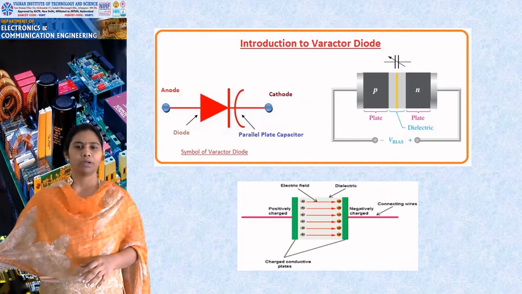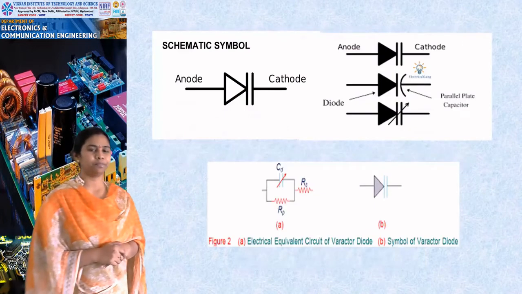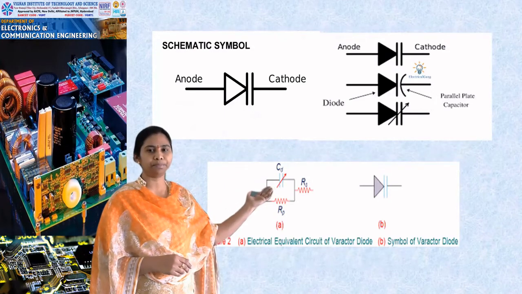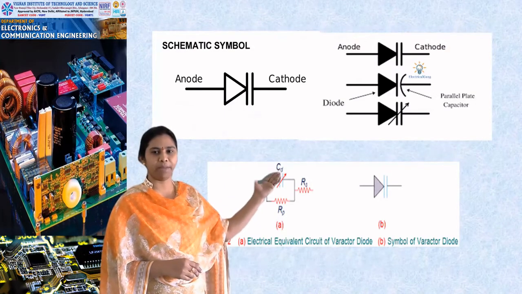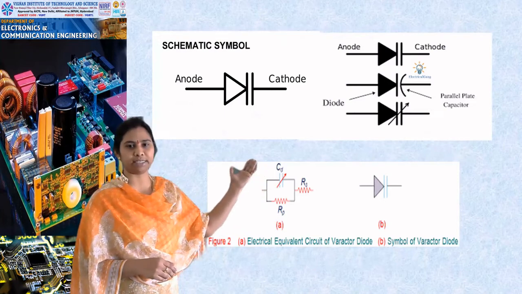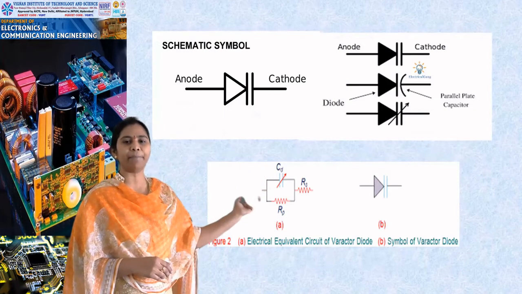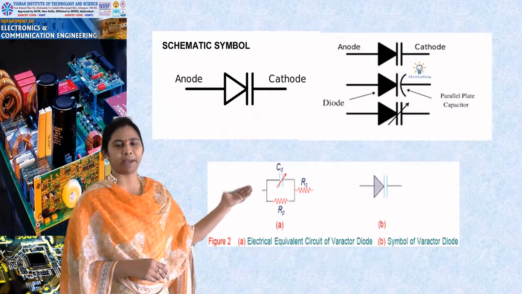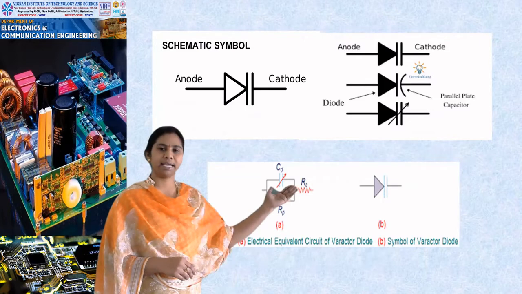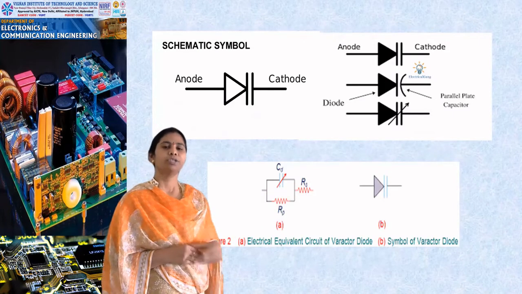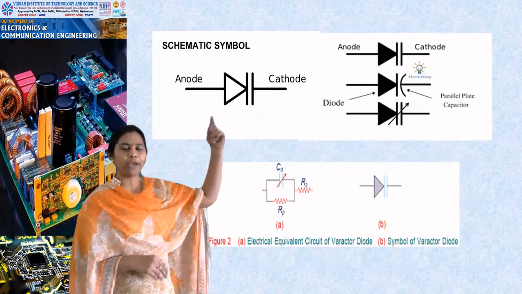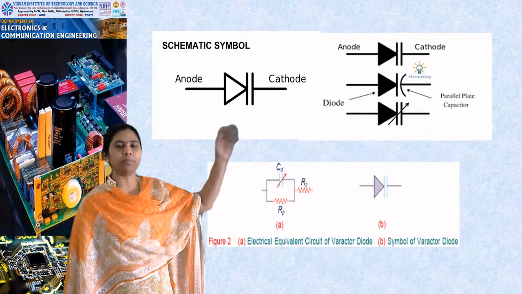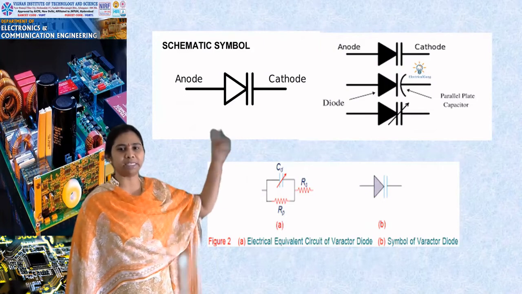We can represent this varactor diode with an equivalent symbol, where it possesses a variable capacitance with the application of voltage. You will have a parallel capacitance and a series resistance Rs. If you observe the symbol, the anode is similar to a PN junction, with a vertical line representing the cathode, but the cathode is replaced with a capacitor symbol.